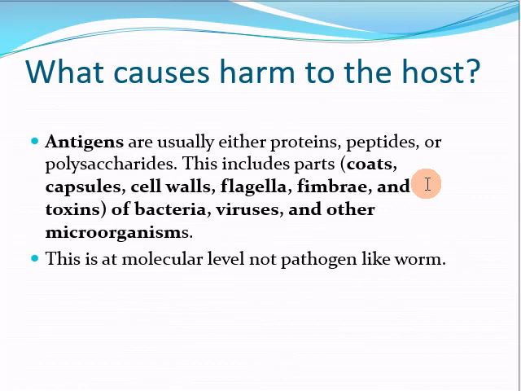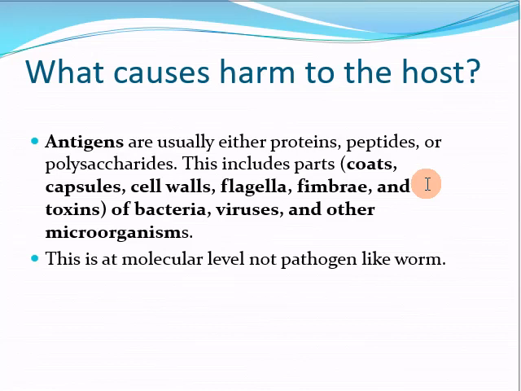What causes harm to the host? Obviously it is a pathogen, but sometimes the whole pathogen itself may not be harmful; rather its body parts become infectious, or very virulent to the body of the host, meaning some part of the cells becomes very toxic to the body.